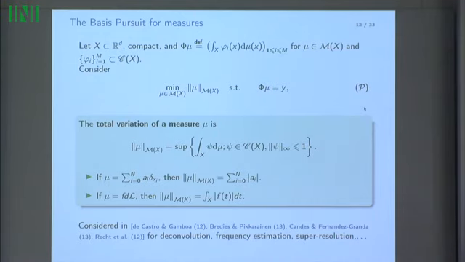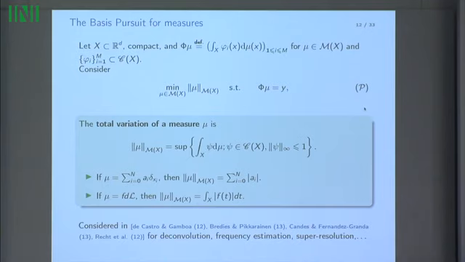You're just summing the amplitudes in absolute value, and if your measure mu admits a density with respect to the Lebesgue measure, then your total variation is just the L1 norm of your density.